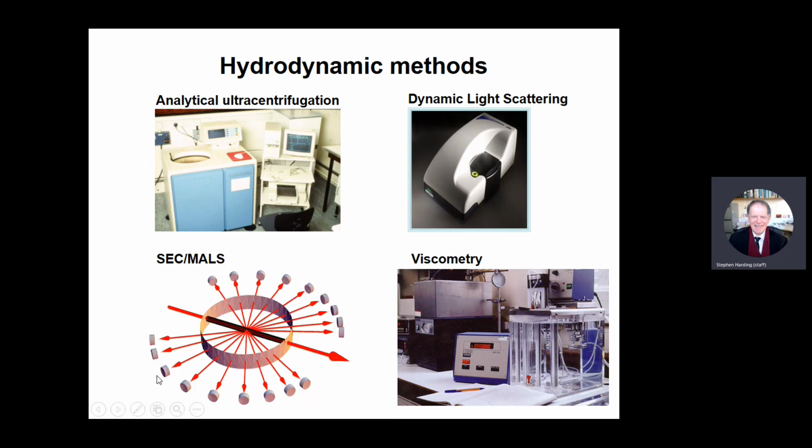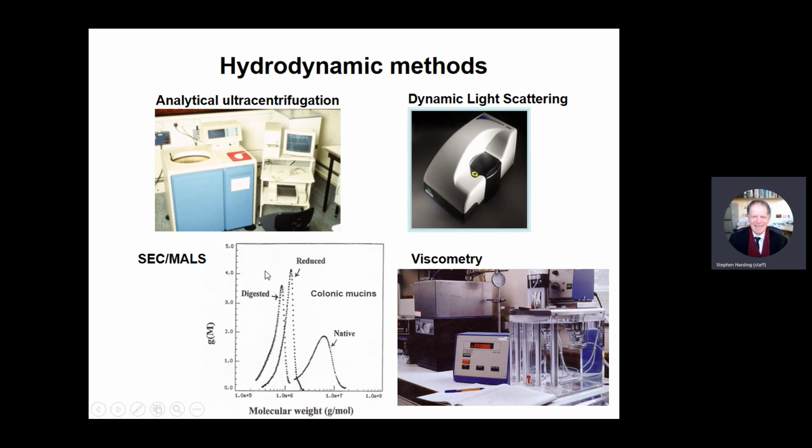There we are. This is the light going through the flow cell, and you've got all these detectors at various angles around the periphery. Because you're measuring a snapshot with the bigger molecules coming off and then smaller molecules from the columns, we can get a distribution of molecular weights with this technique.